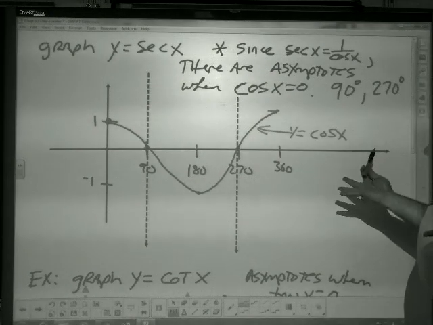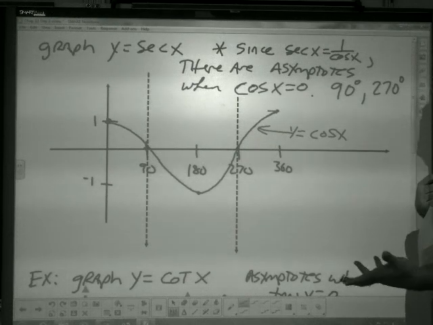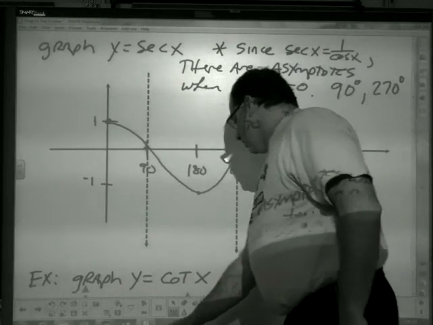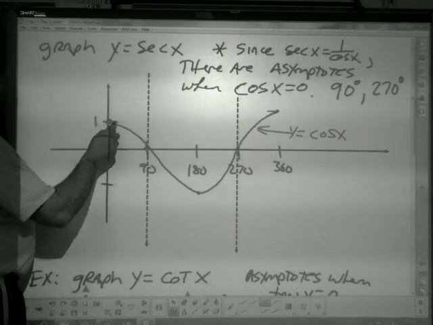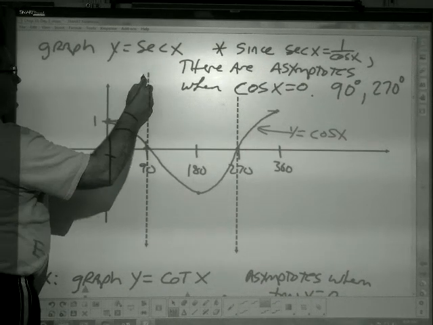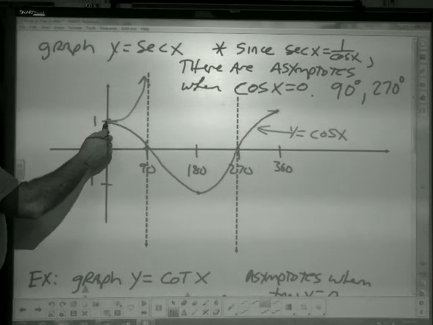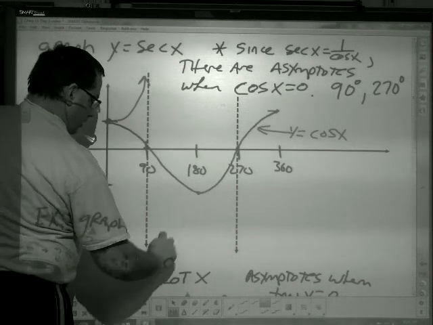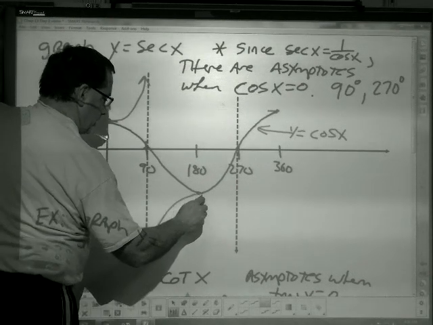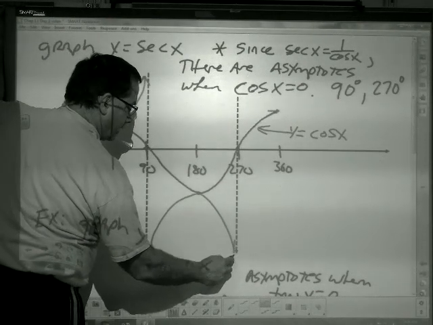So you draw a cosine first, and it follows the same thing that the other graph did. So it's going to start here and head up. Down here, it comes up, touches at -1 and back down again.